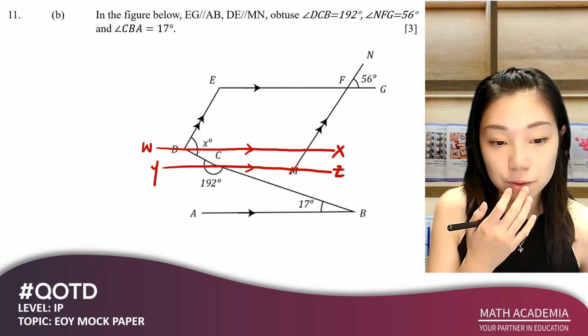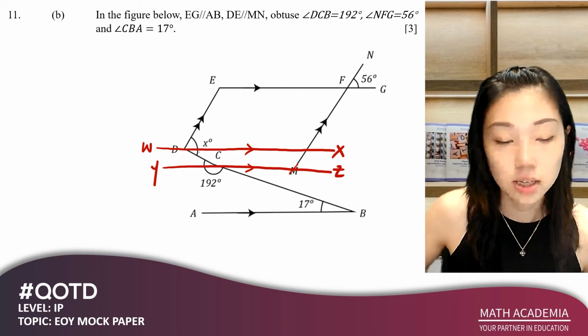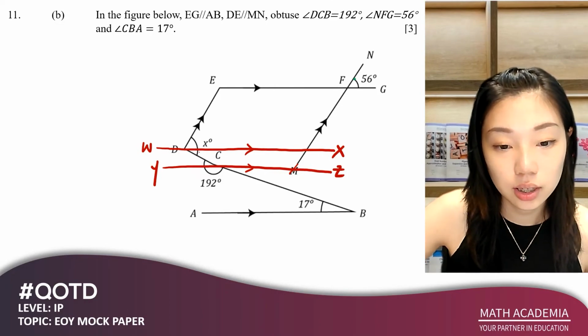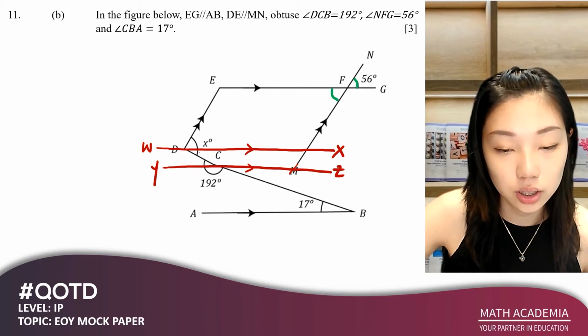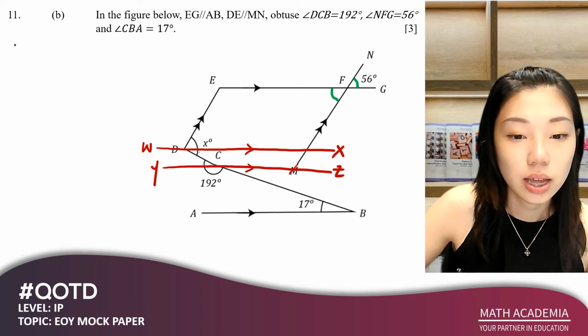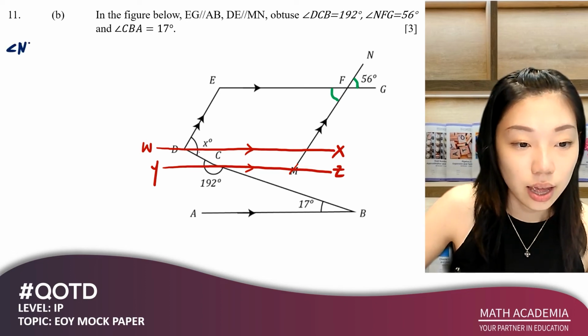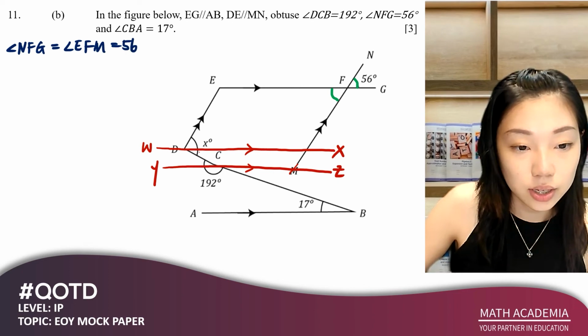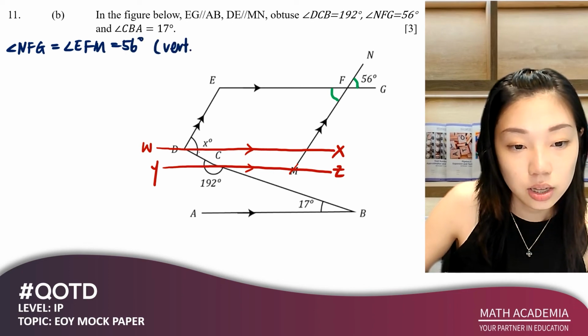So what can I find? First, I know that this angle over here is the same as this angle over here. Let me write that down. Angle NFG equals angle EFM, which is 56 degrees because they are vertically opposite angles.